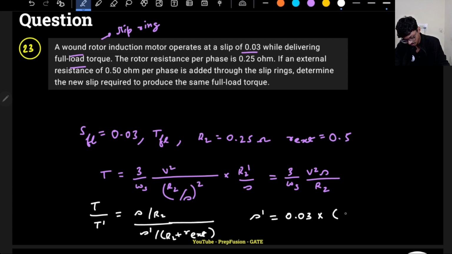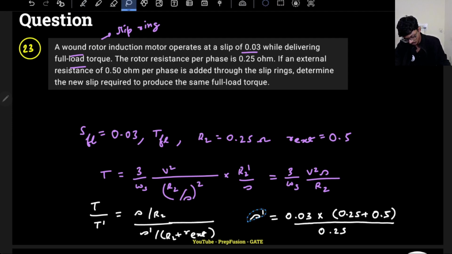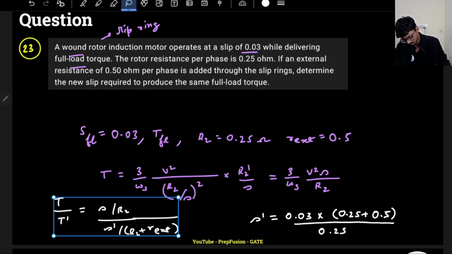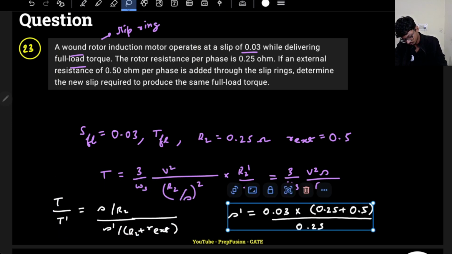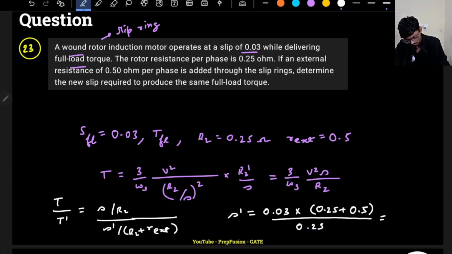R2 is basically 0.25, plus 0.5, divided by 0.25. So this will be 3, so this will be 0.09. So the new slip required will be higher, 0.09. This will be the answer.